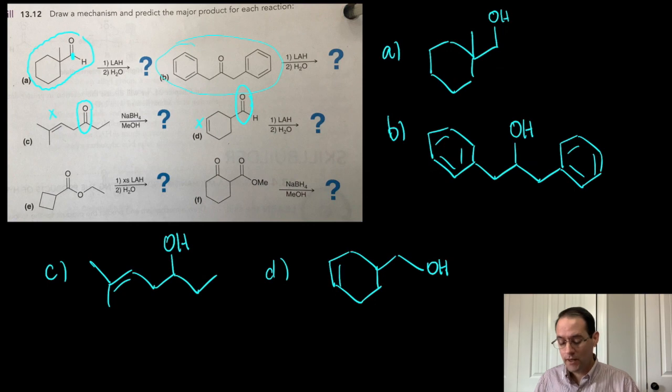For E, this is where it gets a little bit more complicated. We have an ester. And here you need to analyze the 2 sides very carefully, okay? So in blue, we have all of these carbons here. I'm going to change that carbon-oxygen double bond to a carbon-oxygen single bond and write the O as an OH.